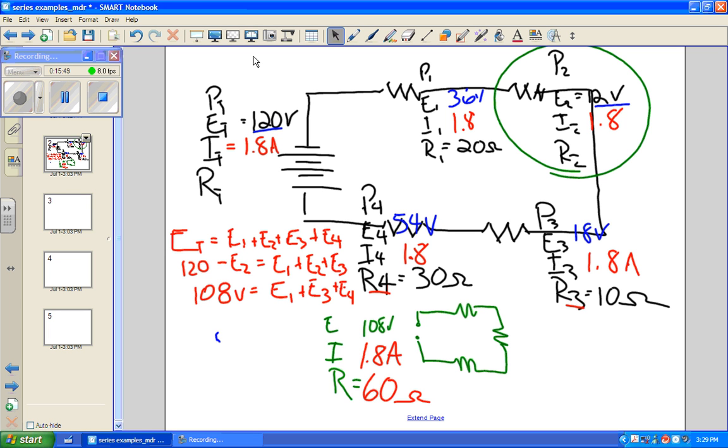Now, let's divide down. 120 divided by 1.8 would give us what? 66.66. Okay. Now let's get our resistance everywhere else. The only place we don't have it is here. 12 divided by 1.8 is what? 6.6.